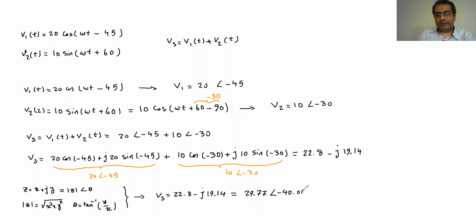Now that I have it in polar format, I can convert it back to the time domain. So Vs as a function of time is going to be 29.77 cosine omega t minus 40.01.